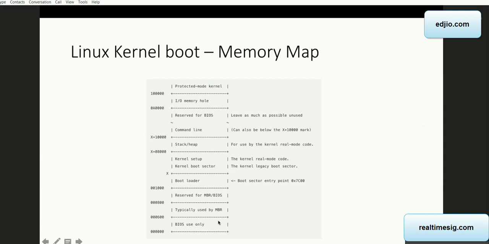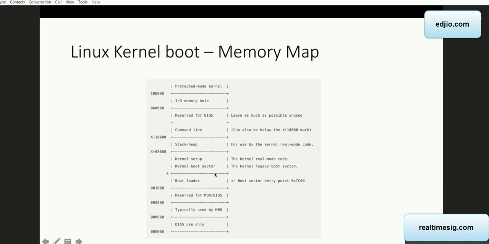Okay, so as soon as the BIOS is executed, the BIOS will load the first stage bootloader at this location. Once the first stage 512 byte bootloader is executed, it will copy the next stage bootloader at this location.